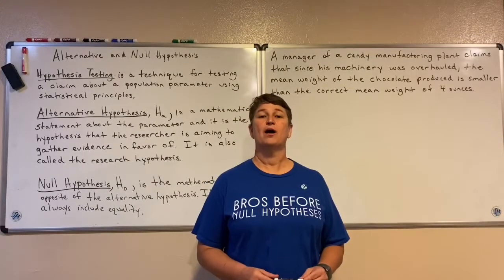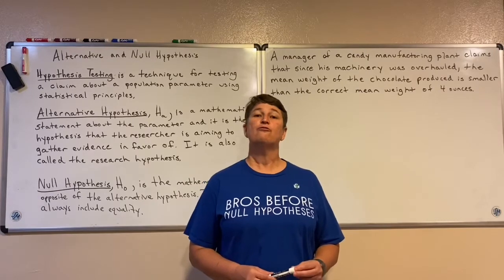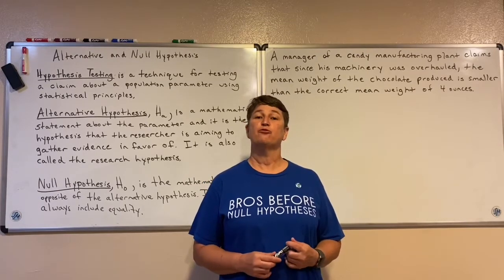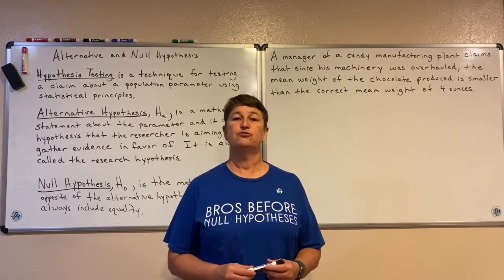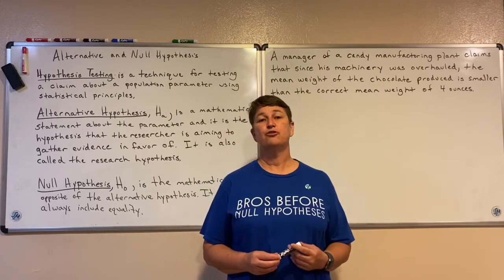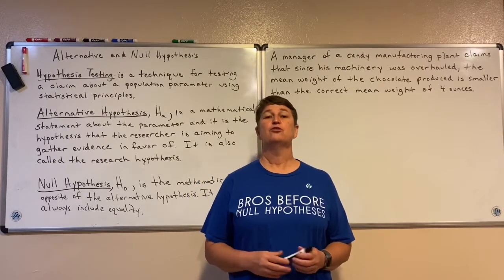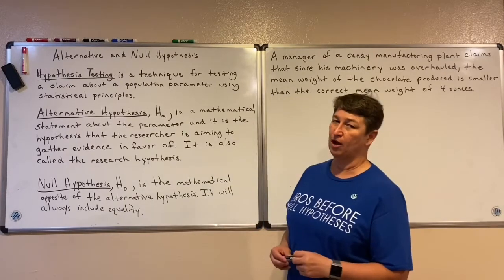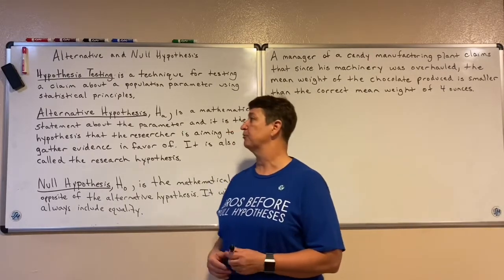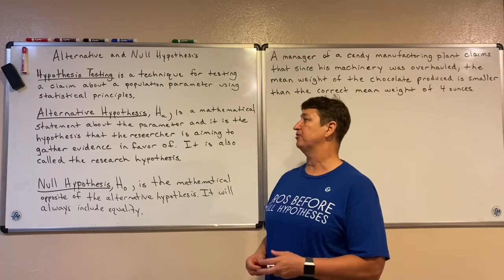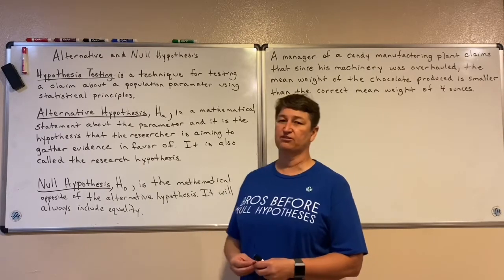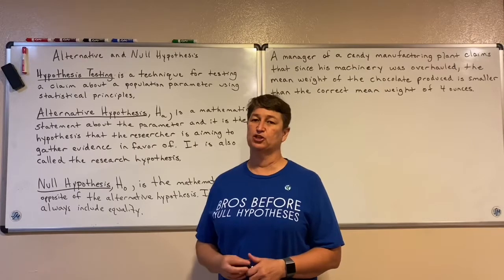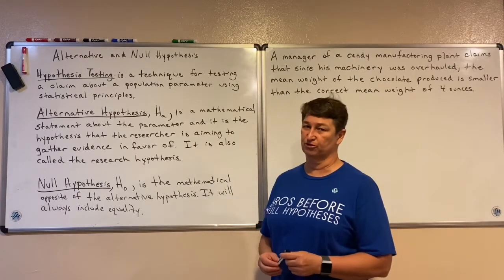Let's talk about hypothesis testing. The first step in performing a hypothesis test is to identify the alternative and null hypothesis. So let's do that now. Let's identify the alternative and null hypothesis for a few scenarios. First of all, a hypothesis test is just a technique for testing a claim about the population parameter using statistical principles.